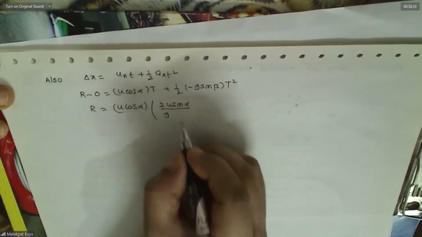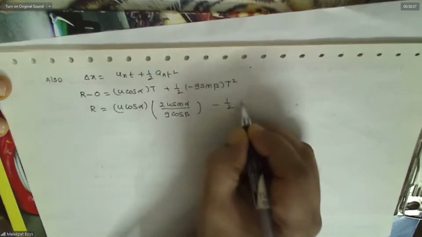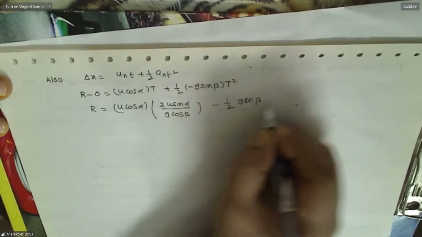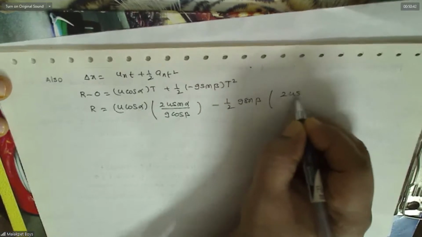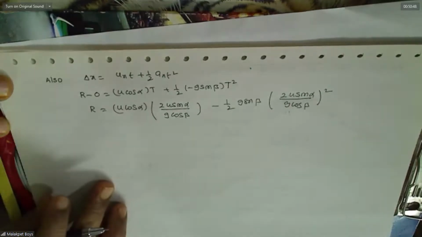What is that you got? G cos beta. Till here, any doubt is there?